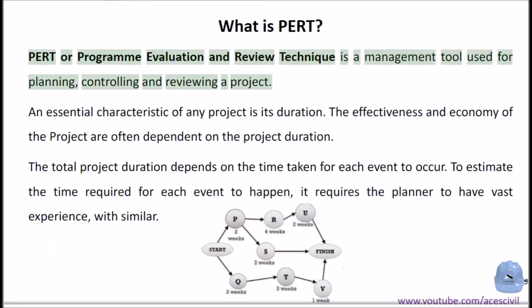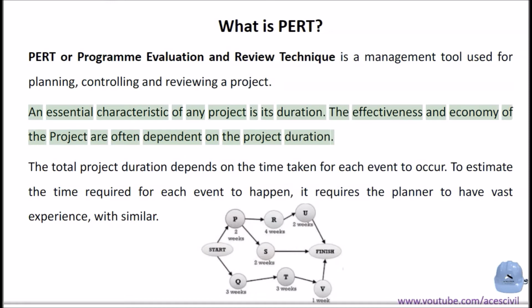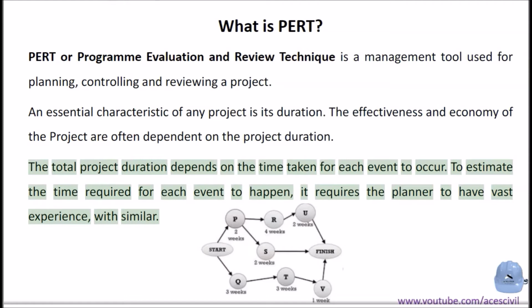PERT, or Program Evaluation and Review Technique, is a management tool used for planning, controlling and reviewing a project. An essential characteristic of any project is its duration. The effectiveness and economy of the project are often dependent on the project duration. The total project duration depends on the time taken for each event to occur.